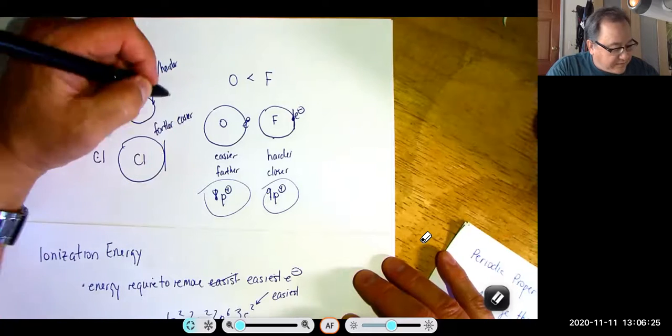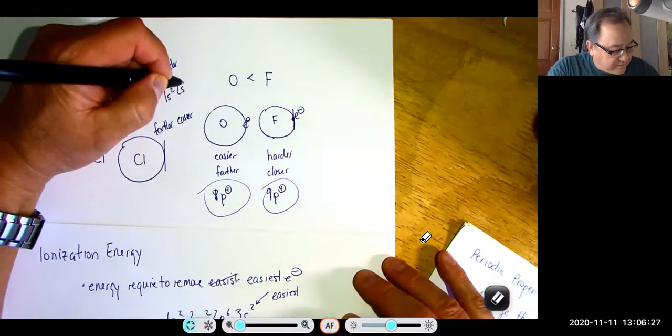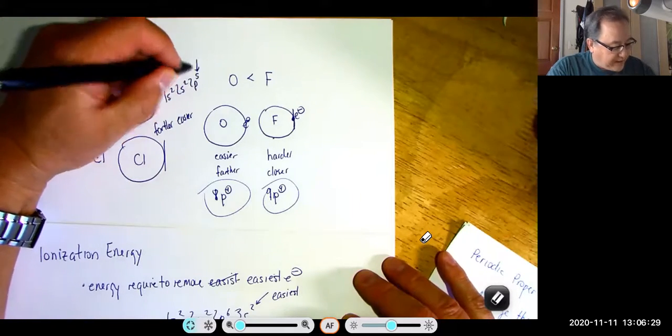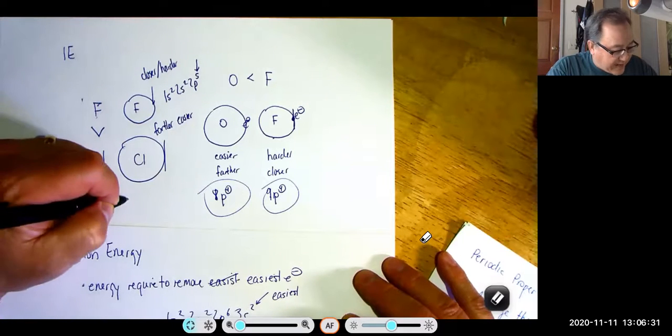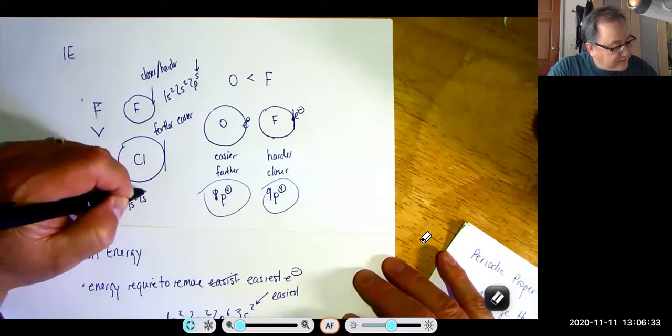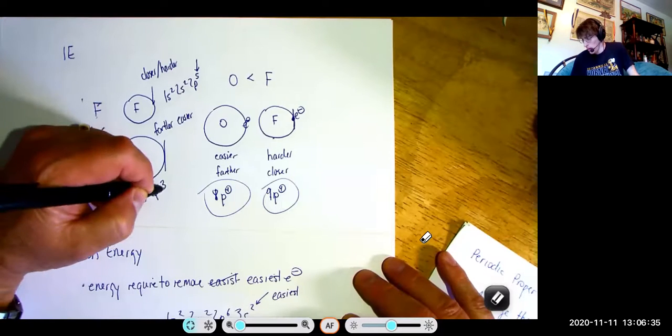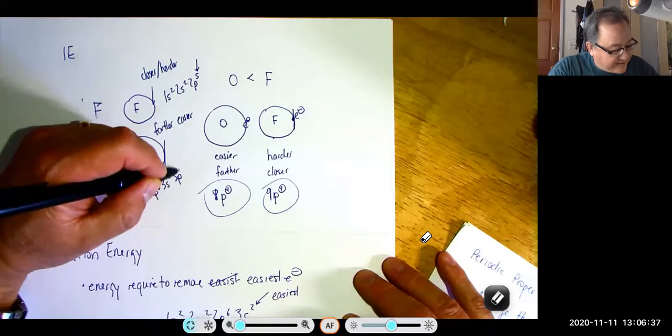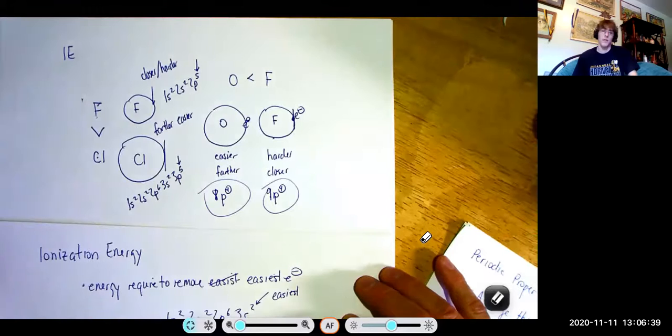For fluorine, you're taking a 2p. For chlorine, you're taking a 3p. Oh, so that's why that one's easier.